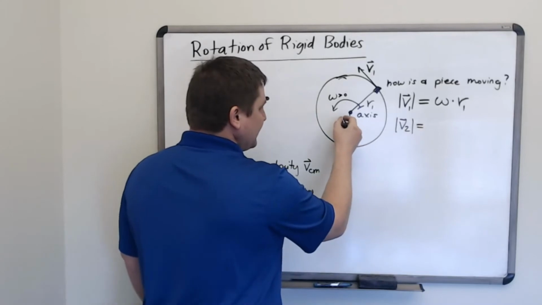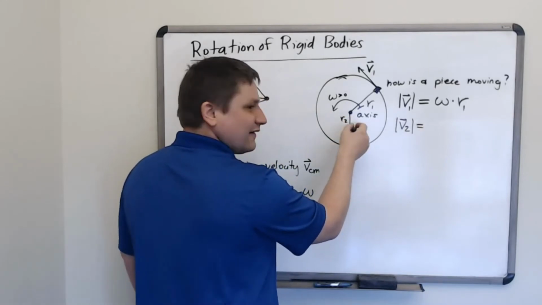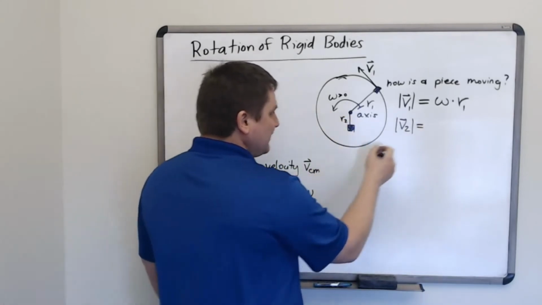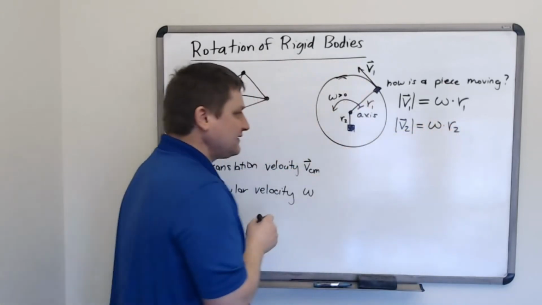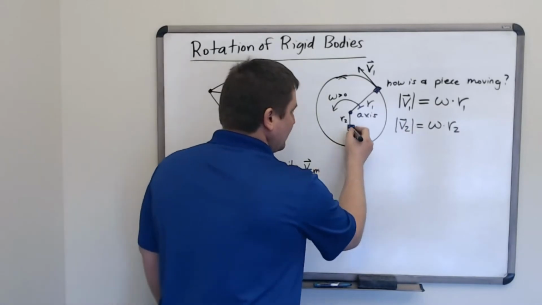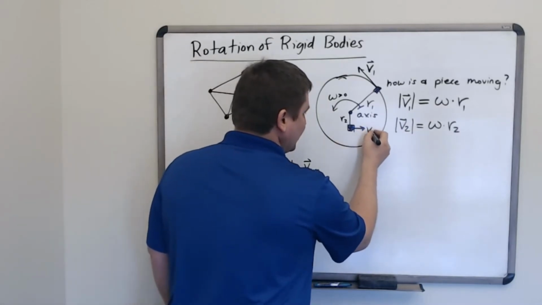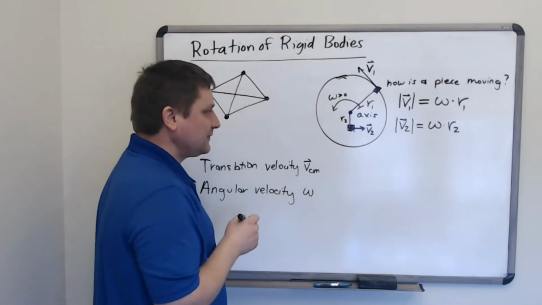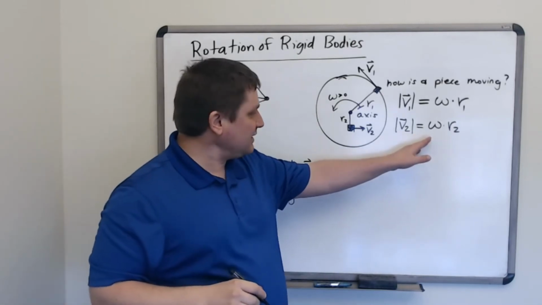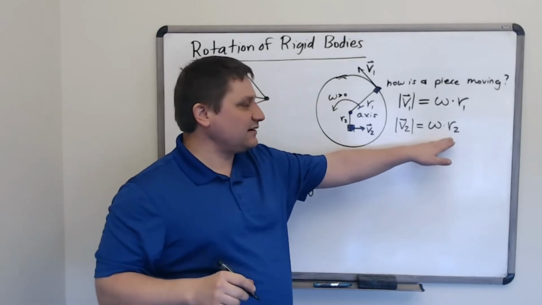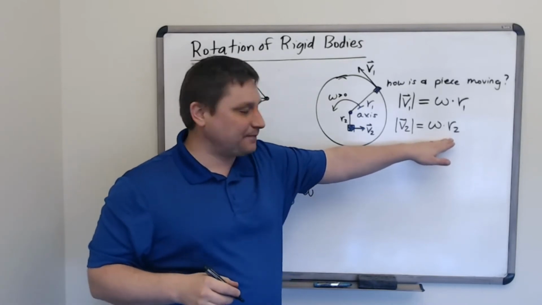This different piece of the object, somewhere in the middle, would have a different distance from the axis of rotation, and therefore would have a different velocity vector. The magnitude of the velocity vector would be smaller if the distance to the axis was smaller.